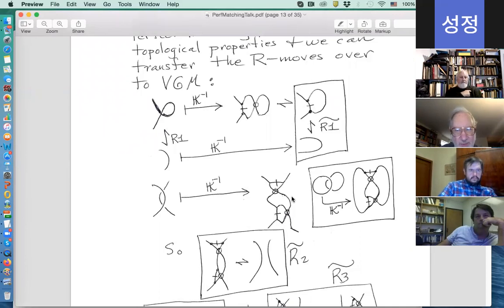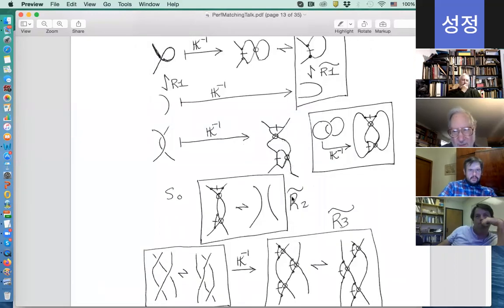Well, it turns into a little gadget like that. And then you see that the first Reidemeister move looks like this, the removal of a bubble which contains a perfect matching edge. And what about the second Reidemeister move? Well, it turns into something like this. So for example, this unlink here corresponds to this bit of graph here.